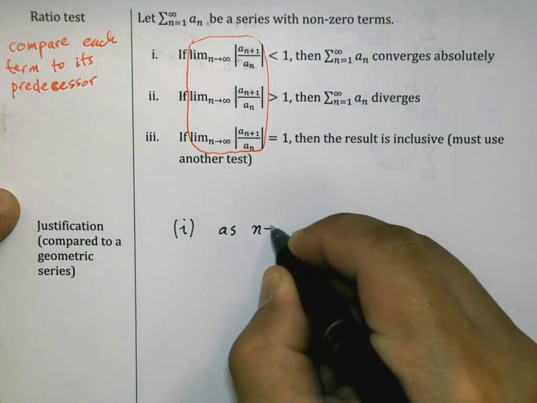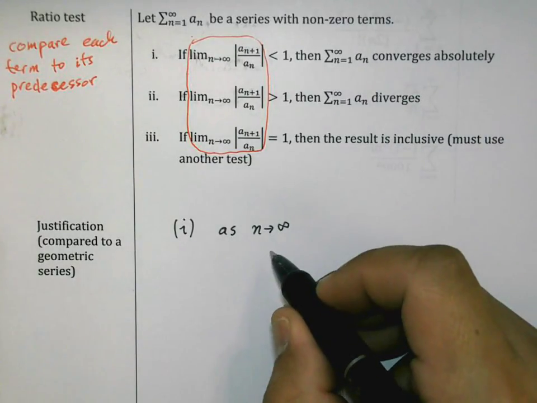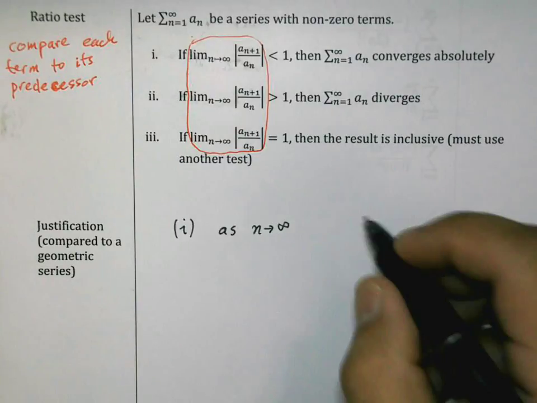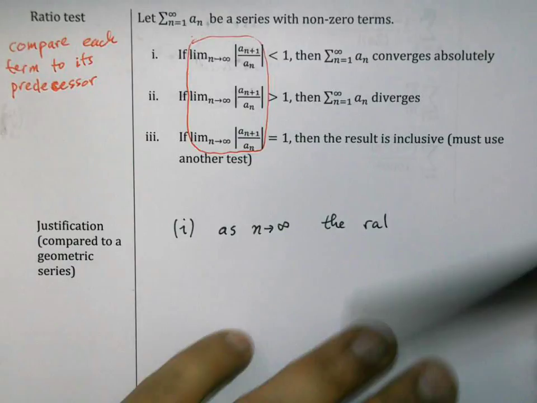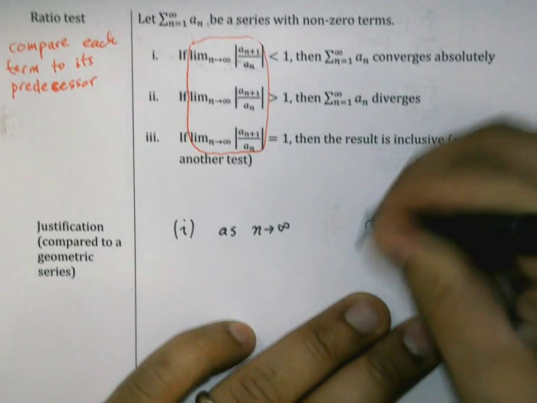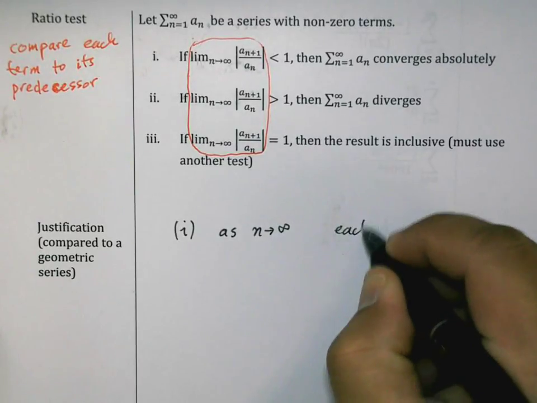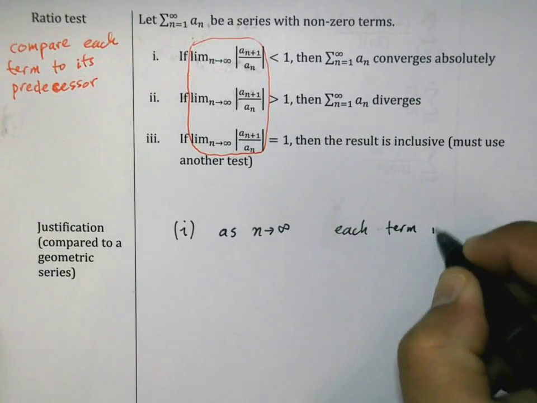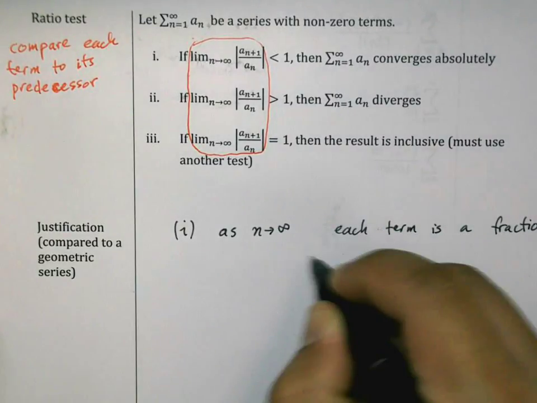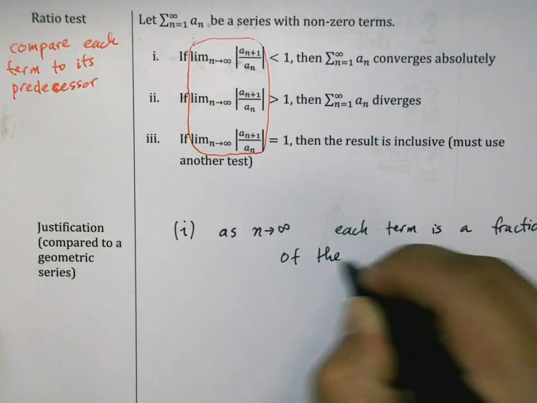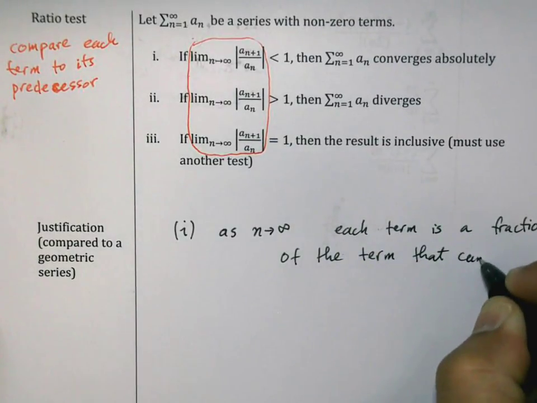as n approaches infinity, in other words, as n gets really, really large, each term is a proper fraction of the term that came before.